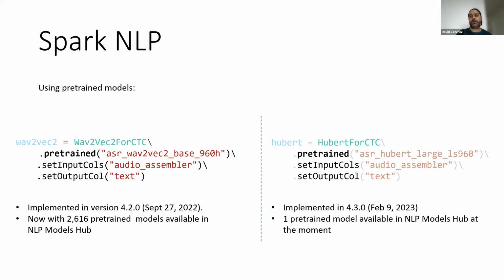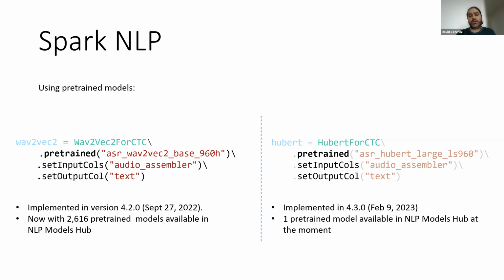And of course, we can add more models because we can migrate models from Hugging Face to Spark NLP. So this is how we usually do. We identify interesting models, and then we can migrate them to Spark NLP.